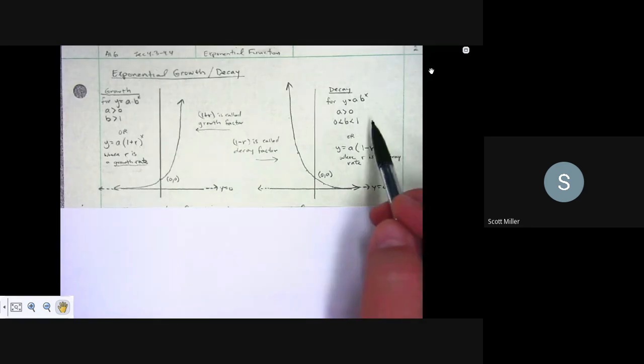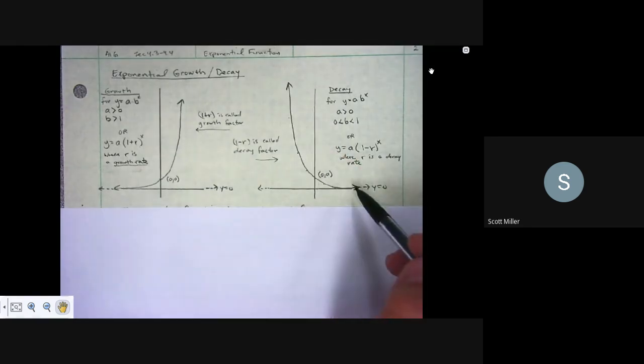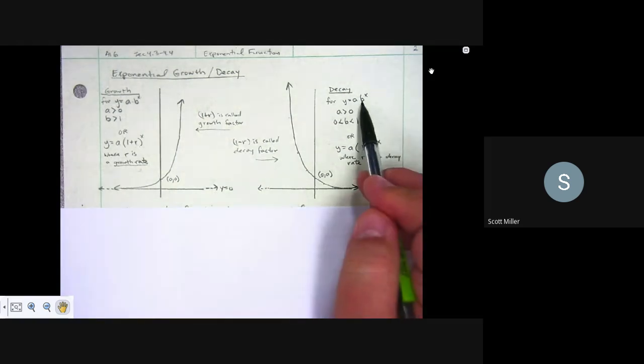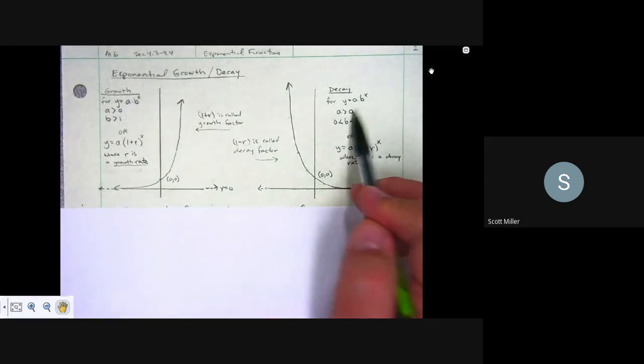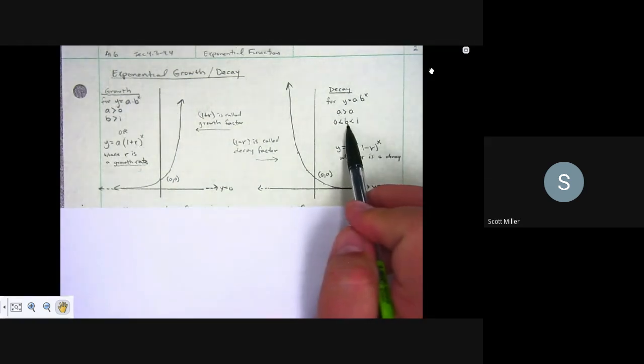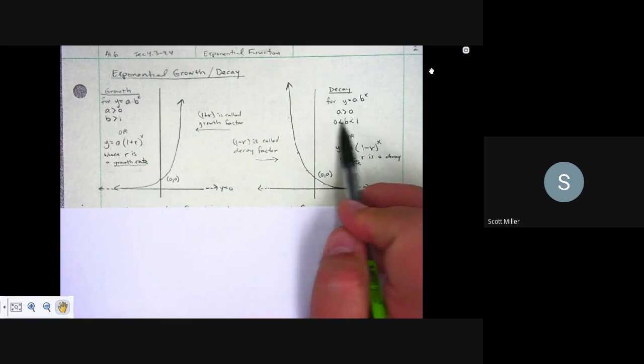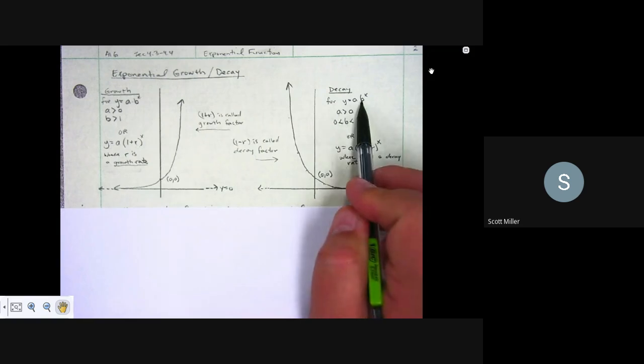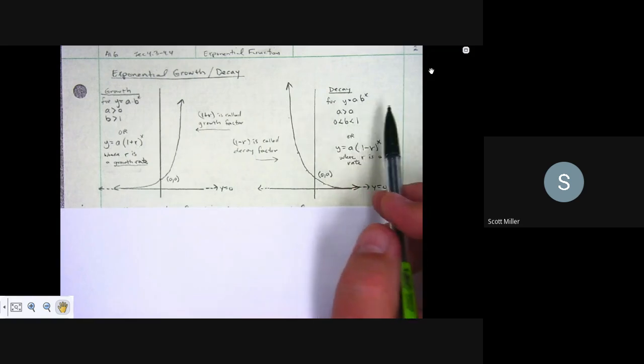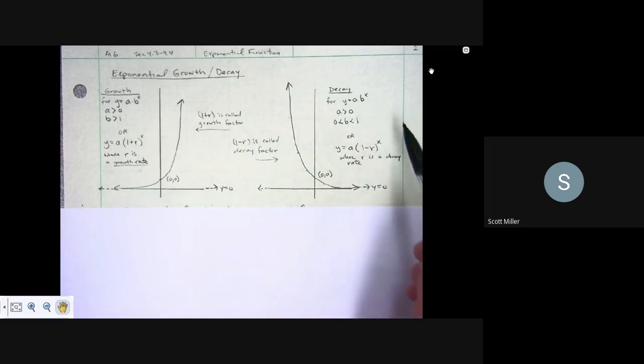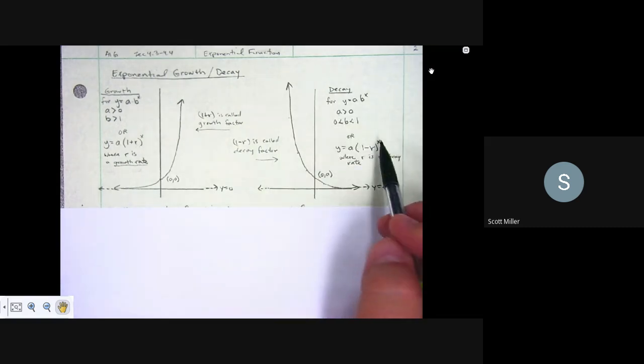Over here, a decay function looks like this. It has a lot of the same characteristics. Here's the formula again. A is greater than 0, so that's positive, and b is between 0 and 1. So now this b number is less than 1, usually a smaller fraction or a decimal. Remember, that's a decay. Same process here.